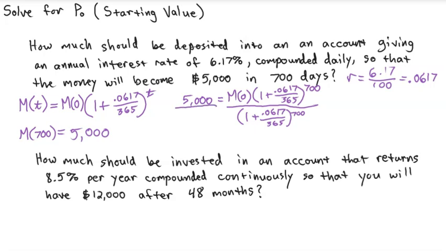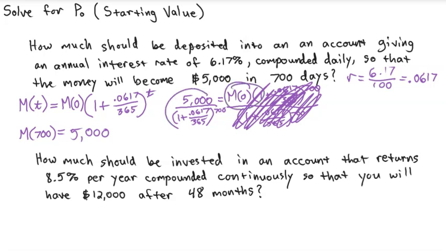So that means over here, we have to do the exact same thing. We have to divide by 1 plus 0.0617 divided by 365 to the power of 700. Okay, and so when this crosses out, all we're going to have left is m sub 0. So m sub 0 is equal to this. So this is our answer.